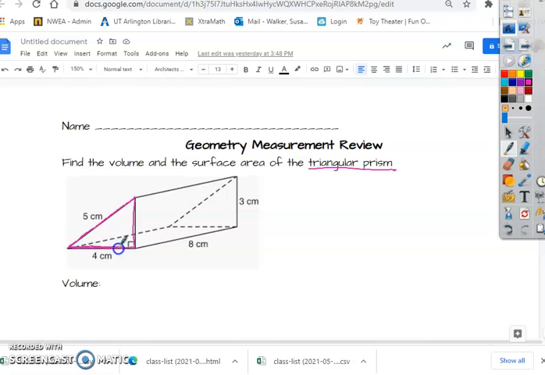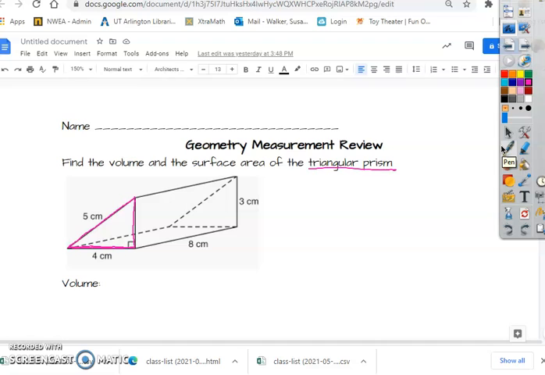It doesn't come to a point. If it came to a point, we would know this would be a pyramid. This is a prism, and we look at any shape that's not a rectangle, which in this case, we see a triangle. So remember, our basic prism is like a shoebox. If you see anything else that's not a rectangular prism, you name it by the shape of the base, which is not what it is sitting on, okay?